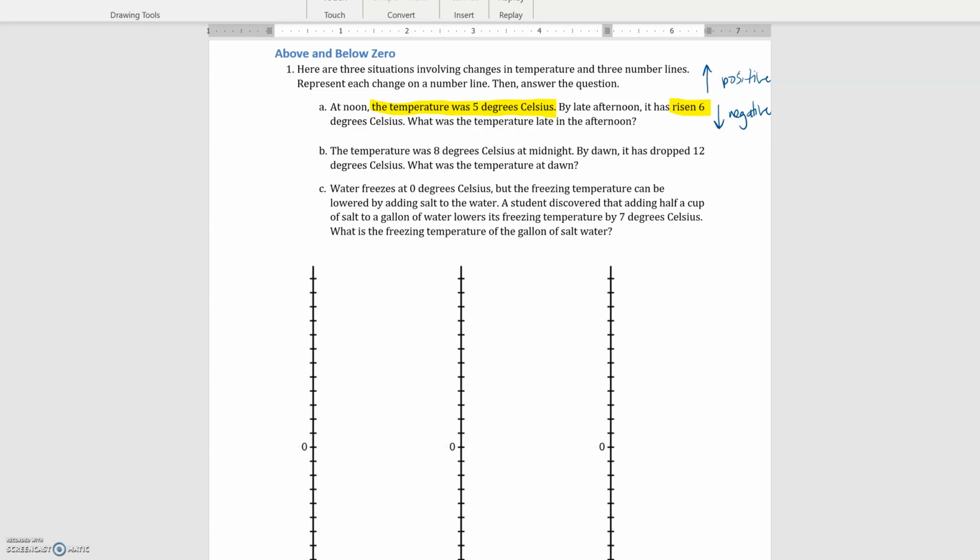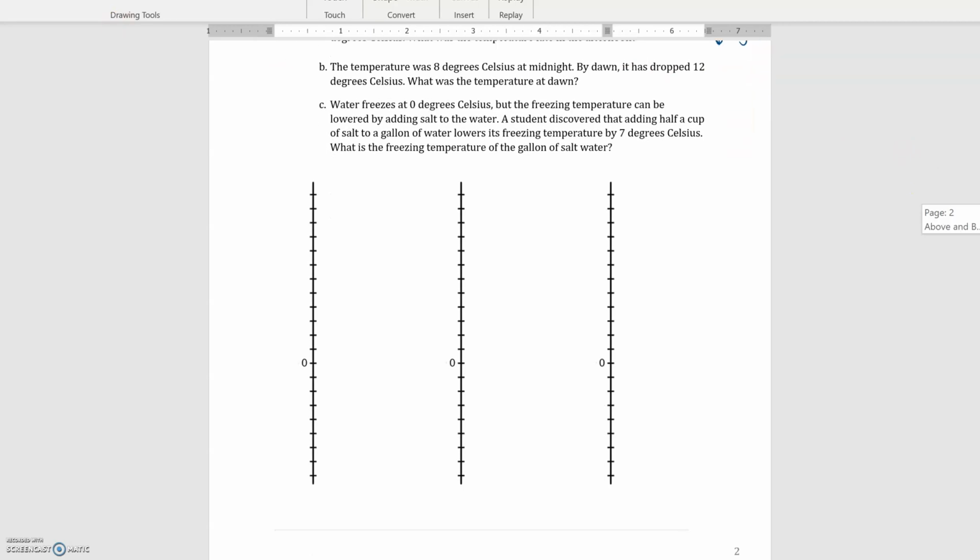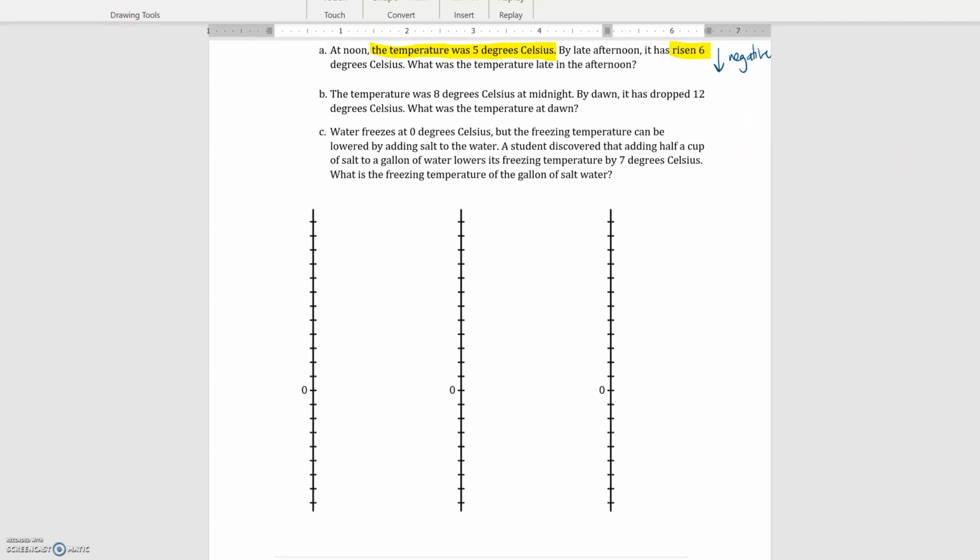So let's annotate the first thermometer on our page to represent a situation here. I'm going to first start by labeling 5 degrees Celsius on my page. So I'm going to go to the thermometer and count up 5. So 1, 2, 3, 4, 5, and label that as 5 degrees Celsius.